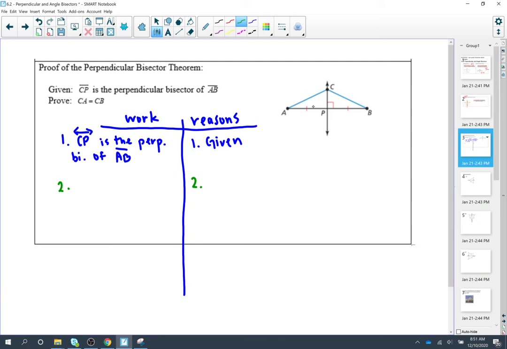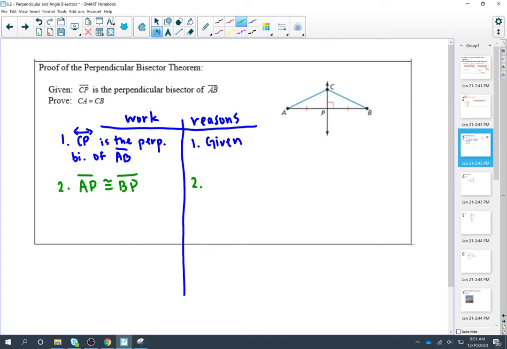So what I'm going to start with here is AP and BP. And I'm going to say AP is congruent to BP. The reason I know that is because this is a perpendicular bisector, which was given. And it specifically says bisect.